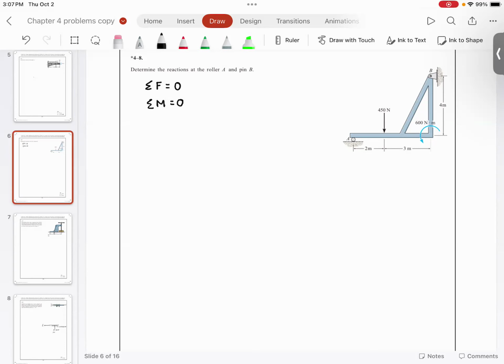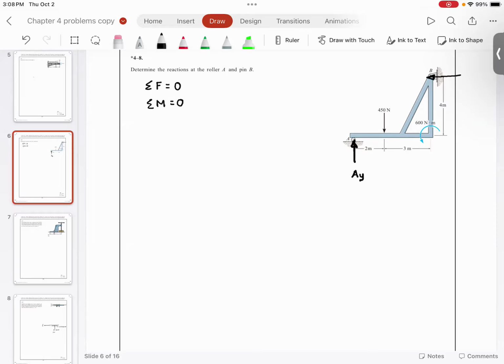Now, in this particular problem, what you have is a roller, and a roller will always give you a vertical reaction. So you will have AY, which is the vertical reaction given by the roller. You have a hinge. A hinge will give you a horizontal reaction and a vertical reaction.